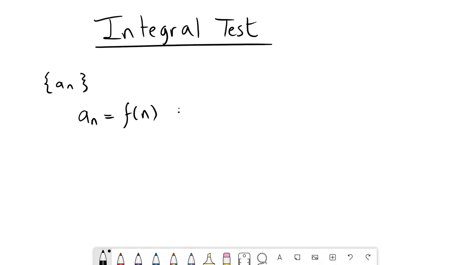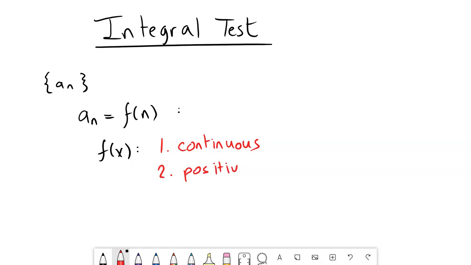And the function must fulfill 3 requirements. So the function, whatever function it is, the function f of x, has to have 3 things. So these are the important ones. 1, it's continuous, the function that you redefined it as. 2, it must always be positive no matter what.